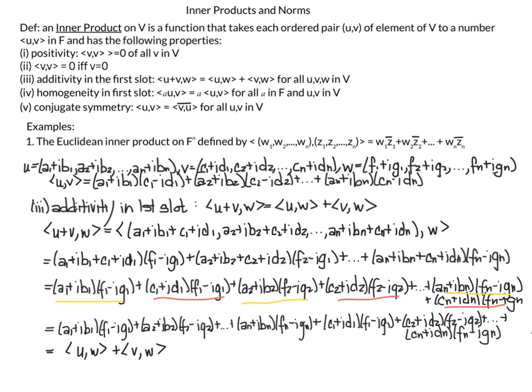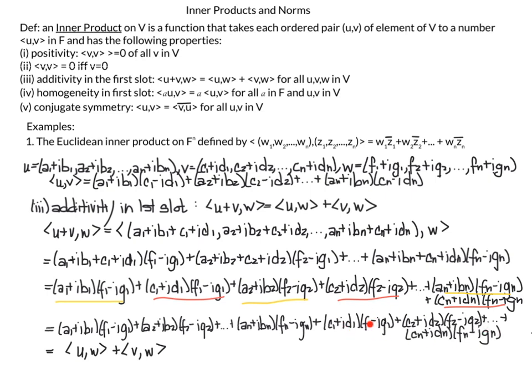I switched my colors around. I grouped everything. These ones in yellow are the terms that look like u, in other words, they have the a's and b's. So I group those together first, and I'm multiplying them times my terms from w bar. Then I have my red terms. I group those terms together. The red terms come from v, because they're the ones with the c's and d's, and I'm multiplying them times my w bar.